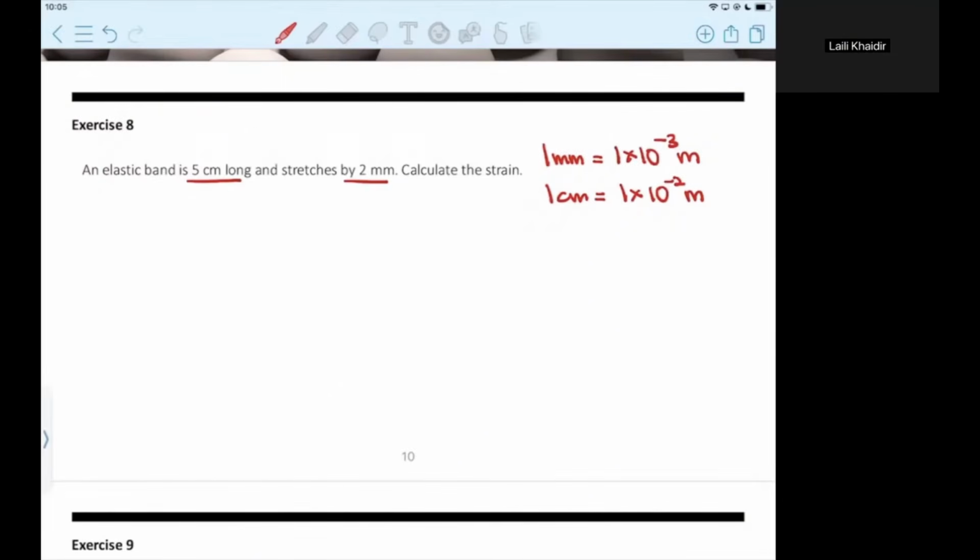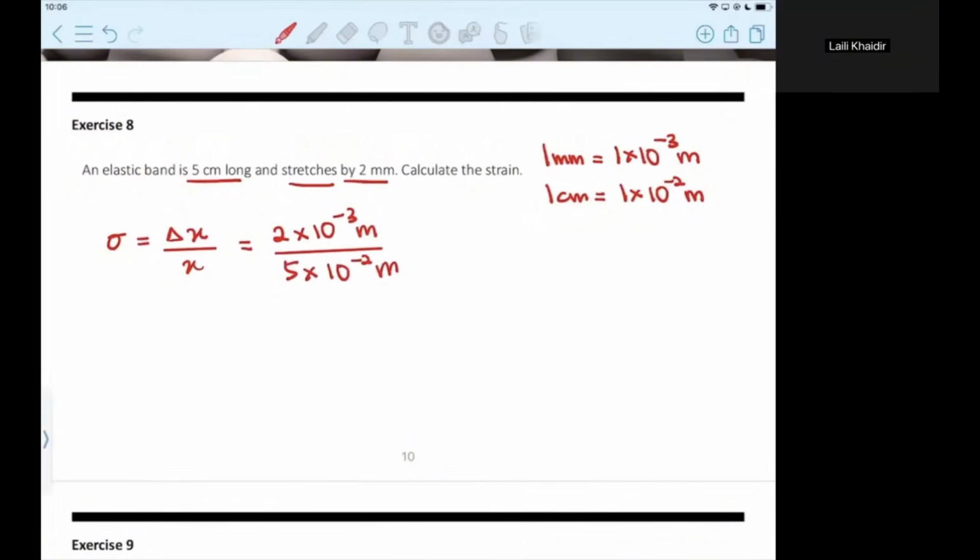So what is the equation of strain? Strain is equivalent to extension divided by the original length or the initial length. So what happened here, delta x is the stretch, the extension, which is 2 millimeter. So 2 millimeter is 2 times 10 to the power of negative 3 meter in SI unit. And the initial length, which is 5 centimeter, so 5 times 10 to the power of negative 2 meter.